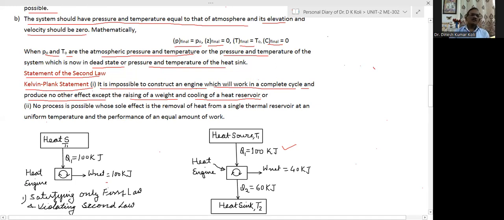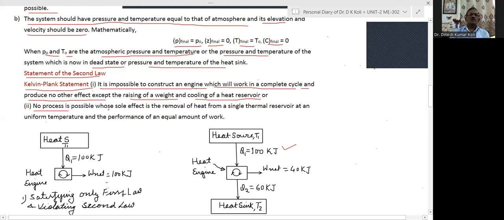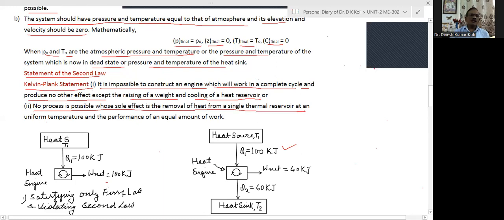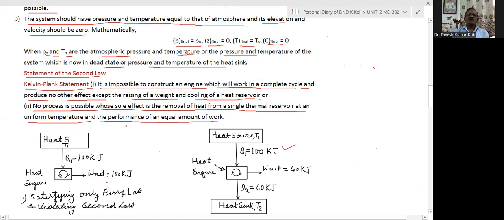In other words, no process is possible whose sole effect is the removal of heat from a single thermal reservoir at a uniform temperature and the performance of an equal amount of work. So these two statements are actually the same.